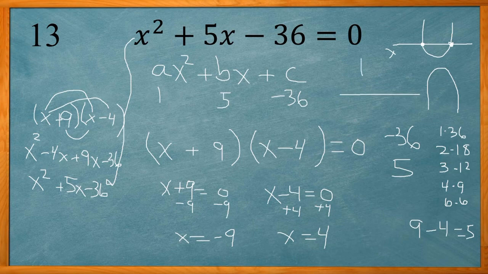Sometimes you get the vertex exactly on the x-axis, so you only have one intersection point, so you have only one answer. And then if it's above that line, you wouldn't have any answers. So when you have a quadratic equal to 0 and you're solving for the answers, you're solving for the intercepts of the parabola through the x-axis.